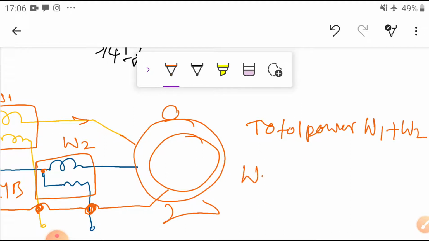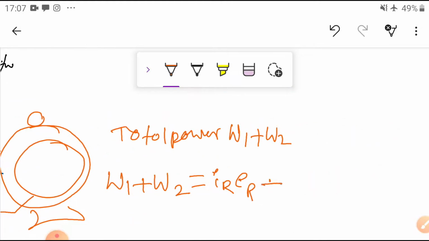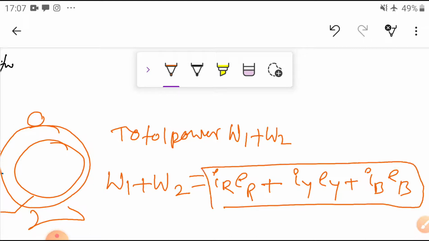The two meters' readings added give IR times ER, plus IY times EY, plus IB times EB. So individual phase values we are going to get.